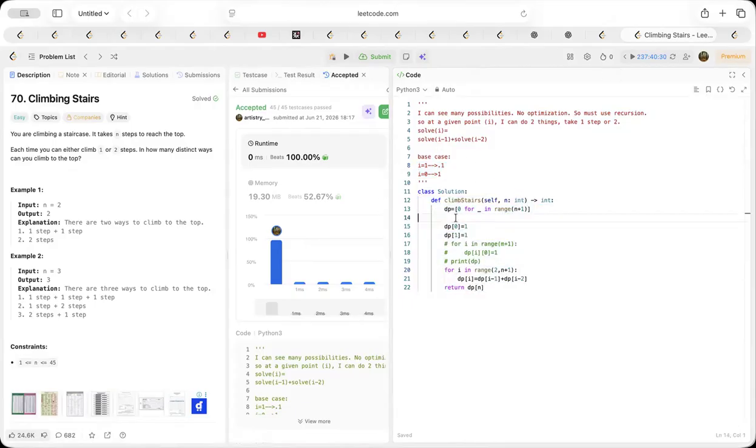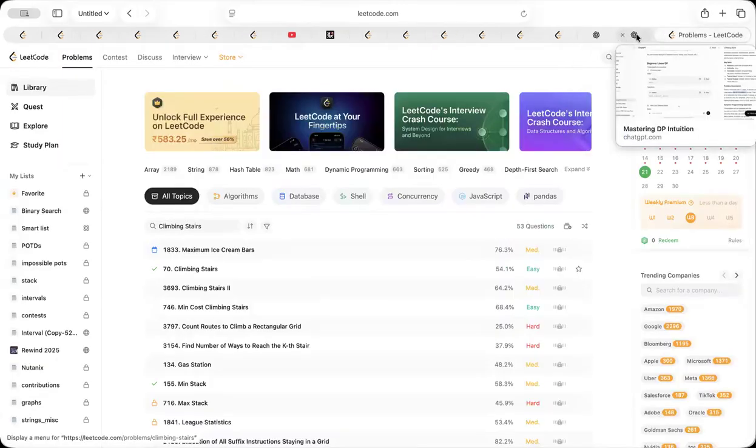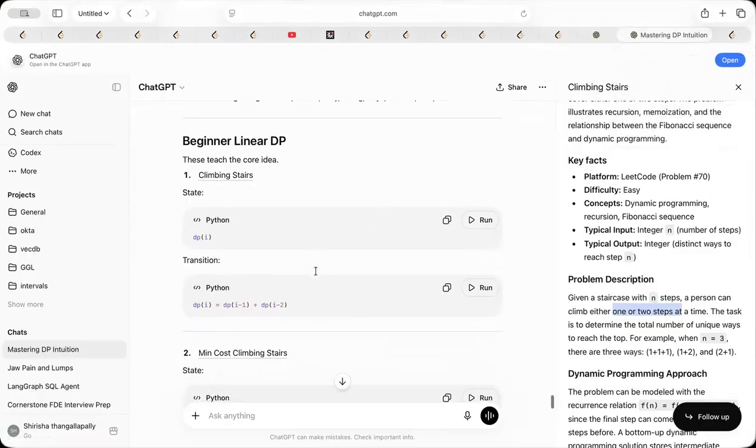Now we have initialized DP and set up both of the base cases, and then we solve and return DP of n.